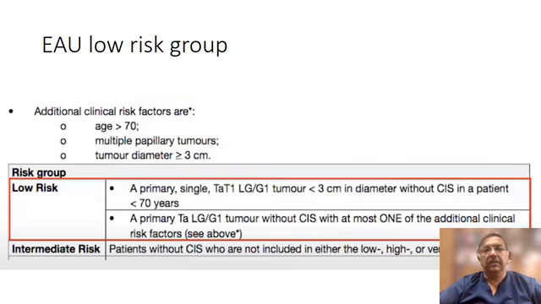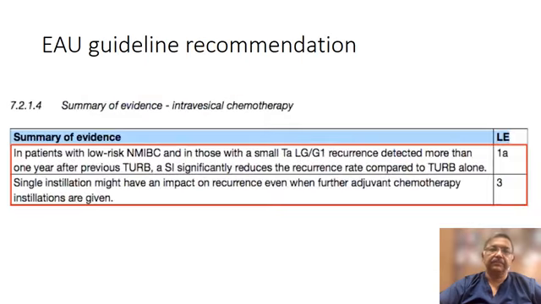So again, summarizing, EAU low-risk patients are the ones who have got a primary single TA low-grade cancer, which is less than 3 centimeters without CIS, in a patient younger than 70 years of age.